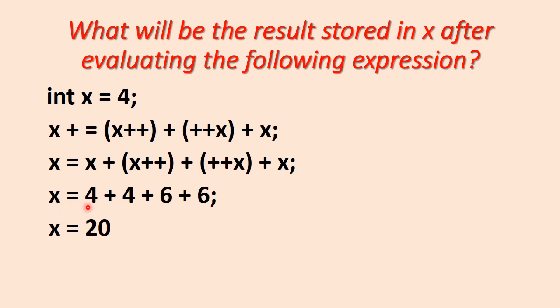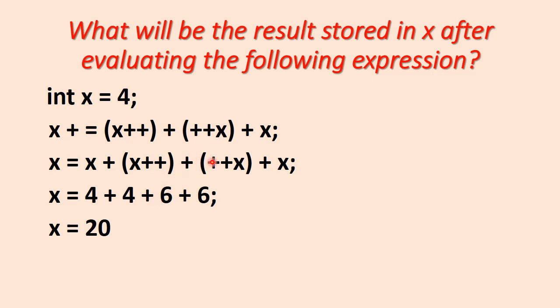The original value of x is 4, so we will use 4. Then plus sign, then it is given the increment operator, but it is postfix. So first we will use the value of x, that is 4, and then it will increase. So now x becomes 5.